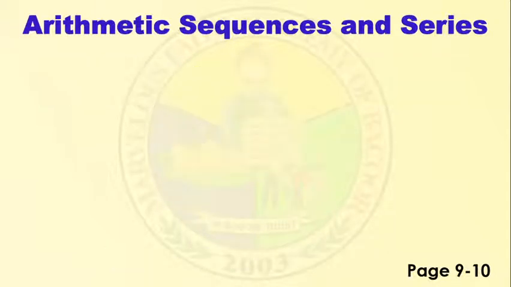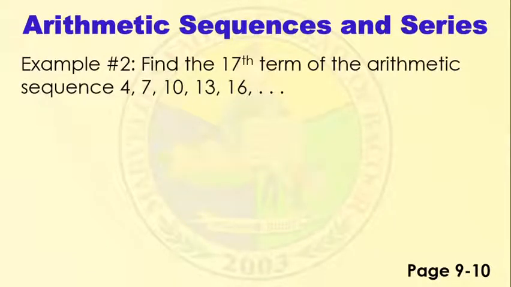Next po tayo, example number 2. Find the 17th term of the arithmetic sequence 4, 7, 10, 13, and 16. Una pong gagawin, kailangan nating hanapin yung common difference nila.